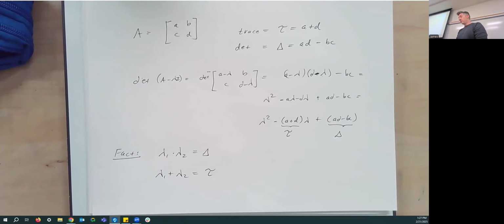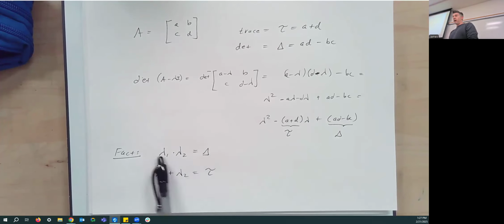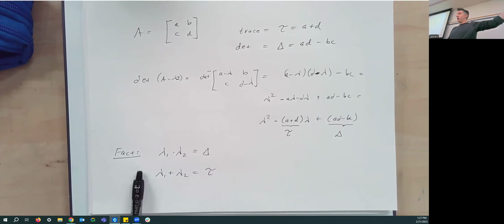So if your determinant's negative, it means your eigenvalues had to be opposite signs, meaning you have one positive eigenvalue, one negative eigenvalue, which means you have a saddle. On the other hand, if your eigenvalues are both positive or both negative, then you have a positive determinant. If they're both positive, your trace is positive, so you're unstable. If they're both negative, your trace is negative, and they're stable.